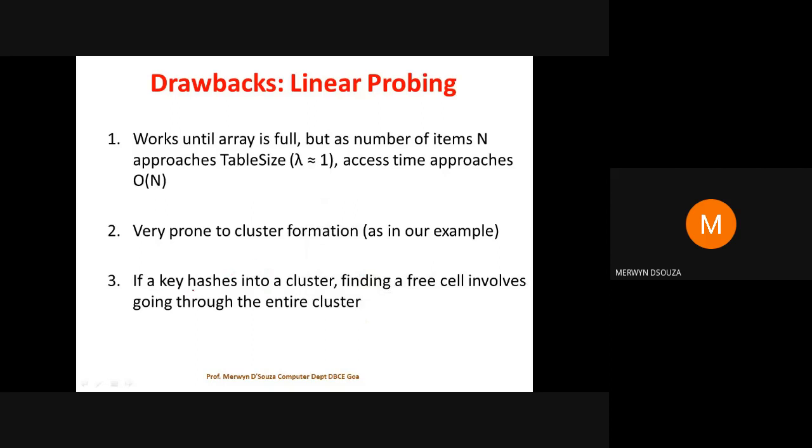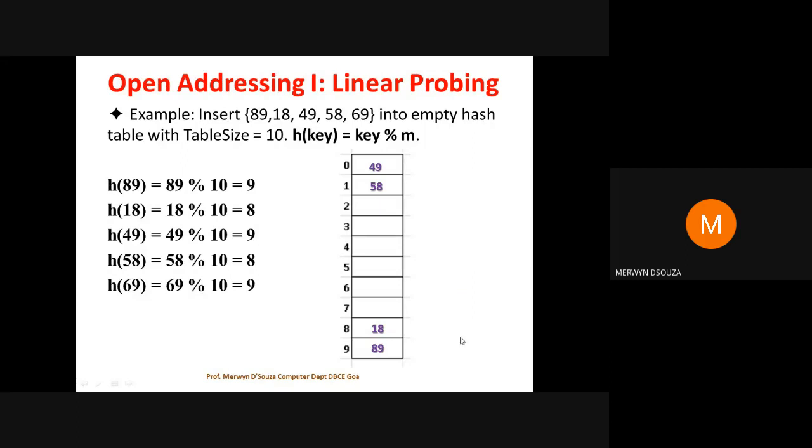So if a key hashes into a cluster, finding a free cell involves going through the entire cluster, like we saw here for 69. If you imagine this as a folded table, all values are at one end. Although they look far away from each other, if you fold it in a circular fashion, then these four values will be next to each other.